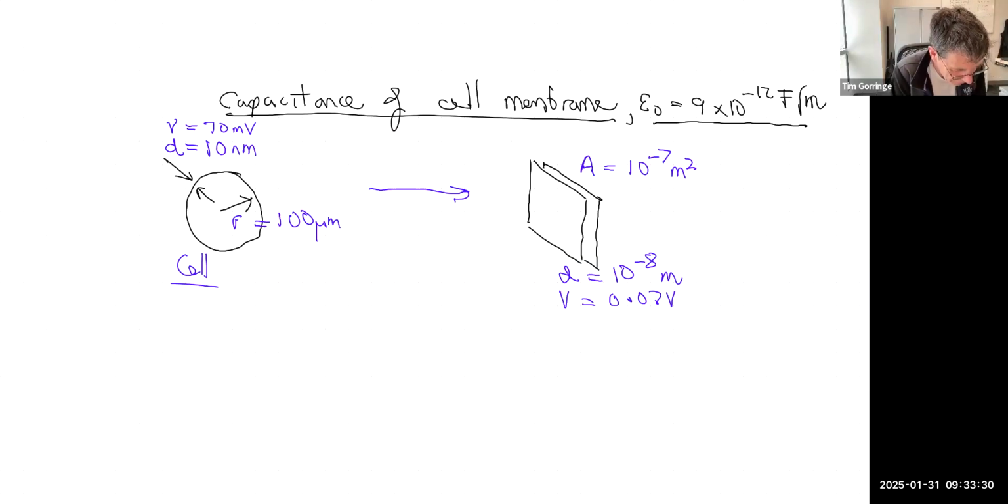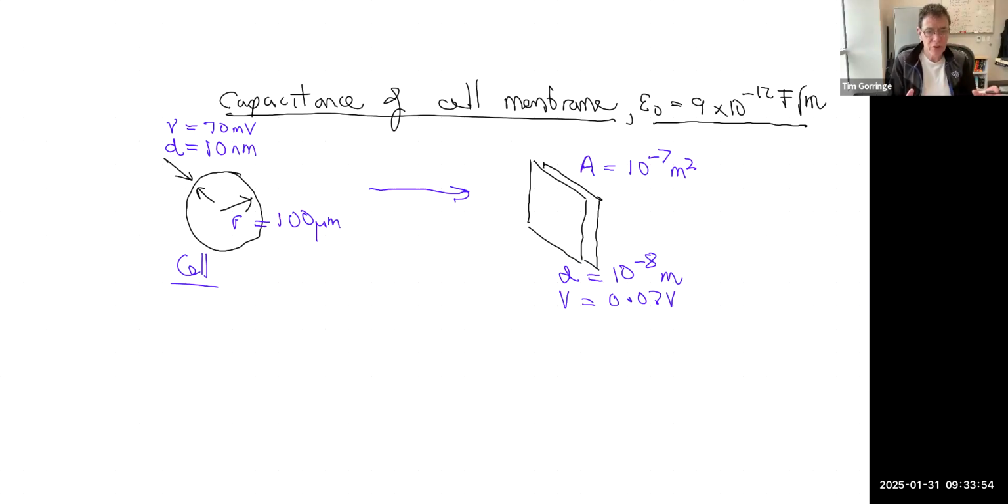I'm going to imagine a cell that is a perfect sphere, and it has a radius of about 100 microns. And the thickness of the membrane is about 10 nanometers.